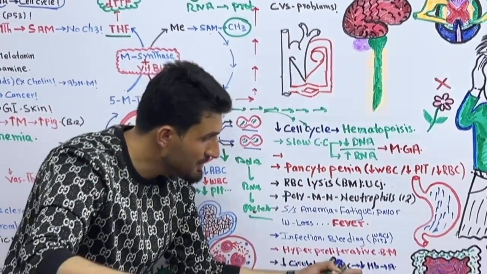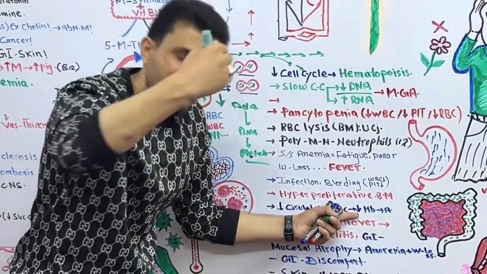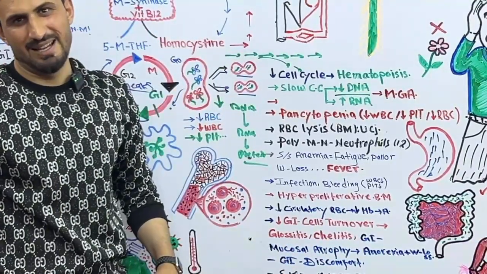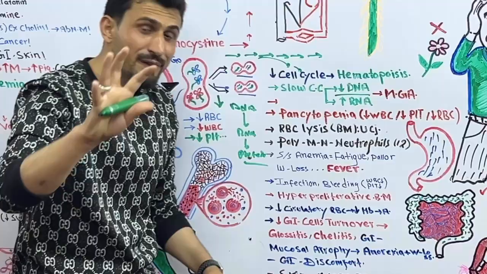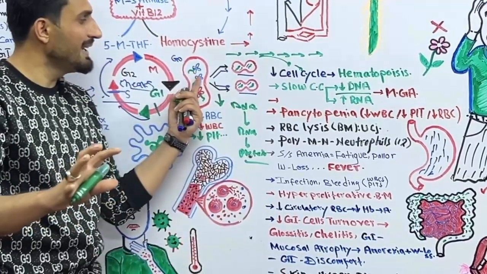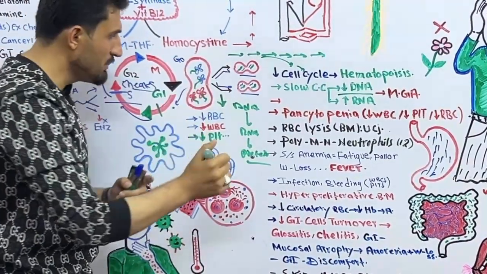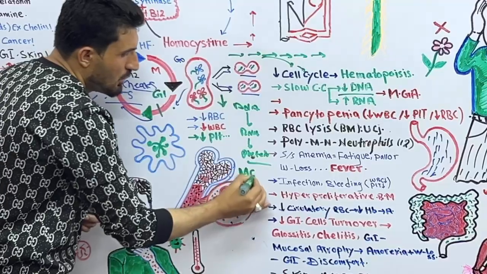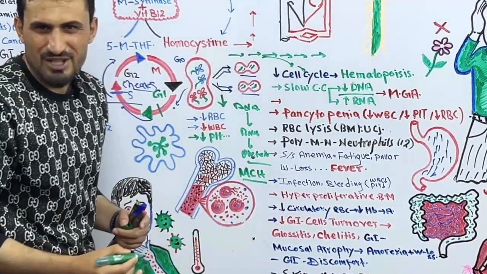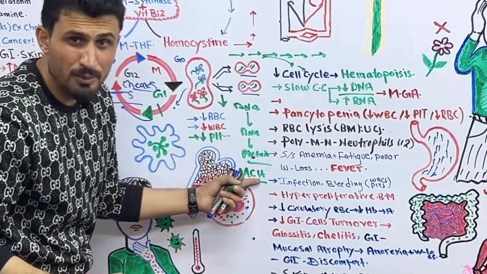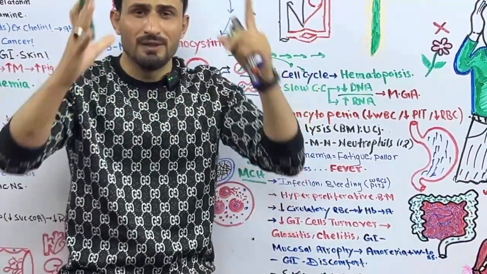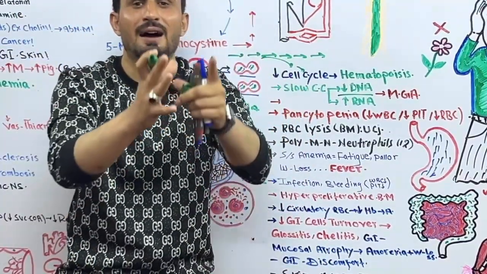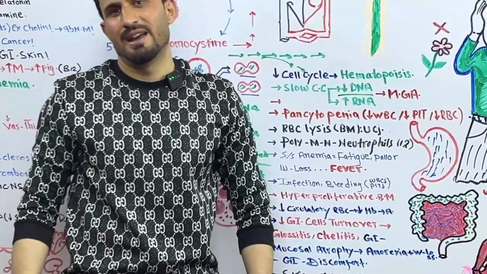When I have less RBC in circulation, it means I have less hemoglobin in circulation, but listen to me carefully, I'll have enough hemoglobin inside one RBC. It means MCH, mean corpuscular hemoglobin, will be normal most of the time. But as a result of less production of RBCs, I'll have less hemoglobin in circulation.